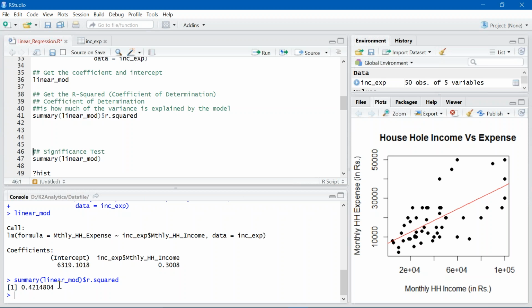Let us take an example. Two families. One family is just a husband and wife, no children, double income, no kid. Both of them earn 100,000, a lakh rupees. Now there is another family where they have got two kids.